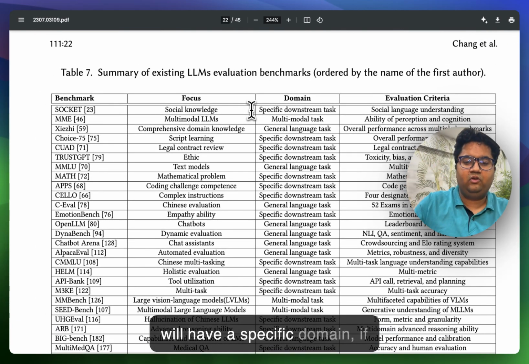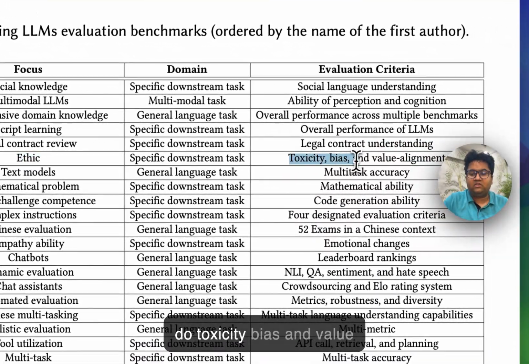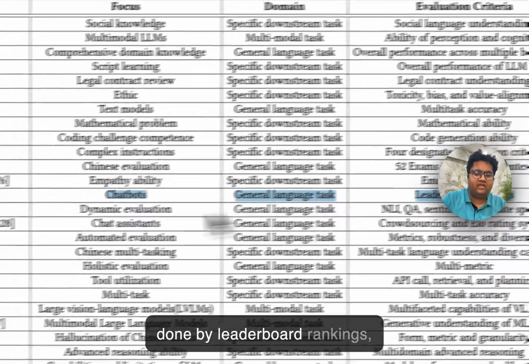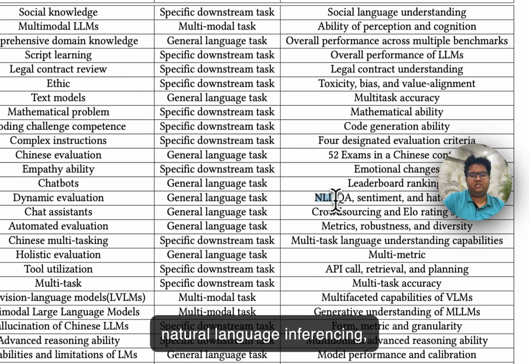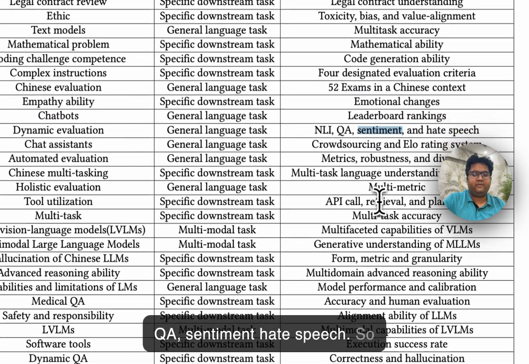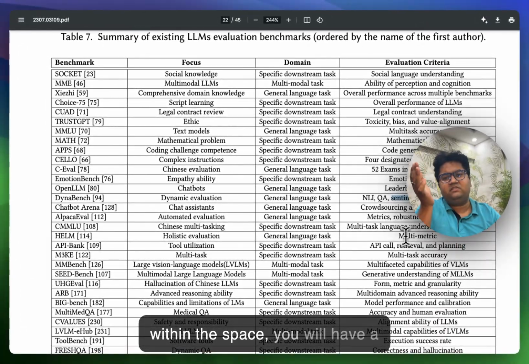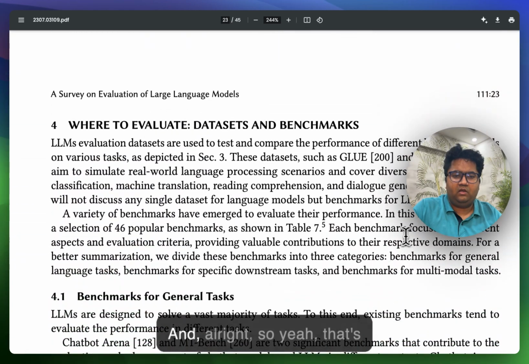You'll have a specific domain. If you have ethics, you will want to do toxicity, bias, and value alignment. Chatbots can be done by leaderboard rankings. Dynamic evaluation could be natural language inferencing, QA, sentiment, hate speech. So depending on the focus area within this space, you will have different evaluation criteria.